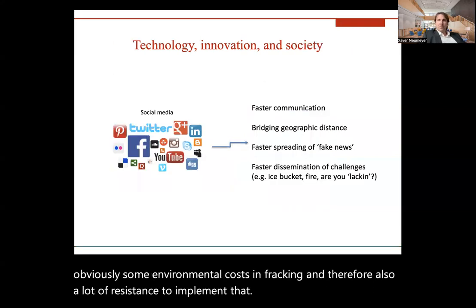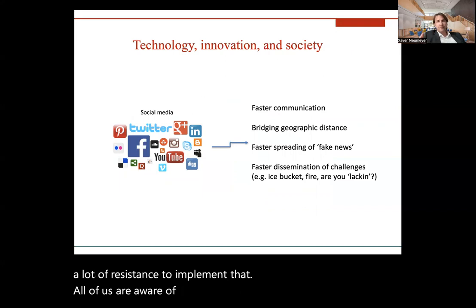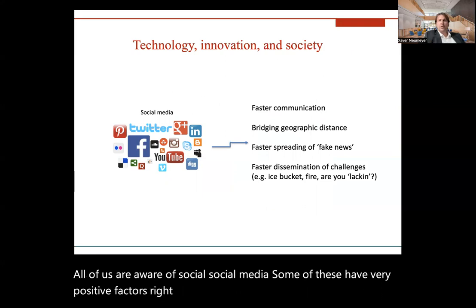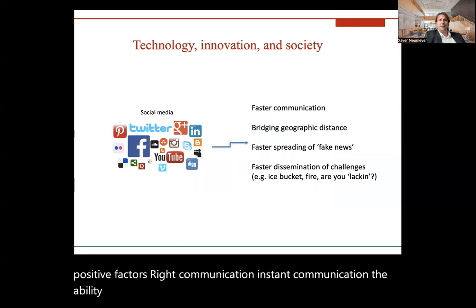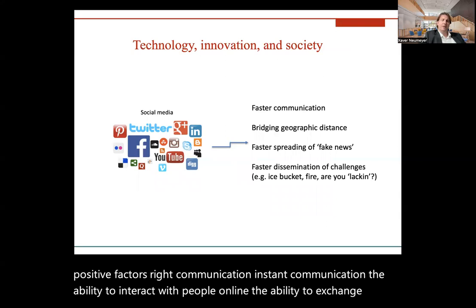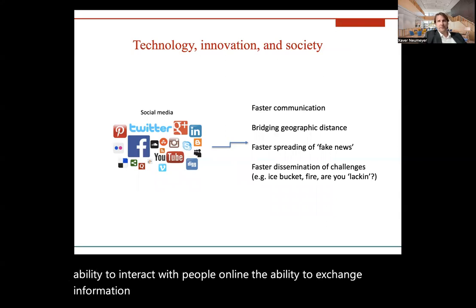All of us are aware of social media. Some of these have very positive factors, right? Instant communication, the ability to interact with people online, to exchange information online, share things online, but it also has a lot of negative effects, right?